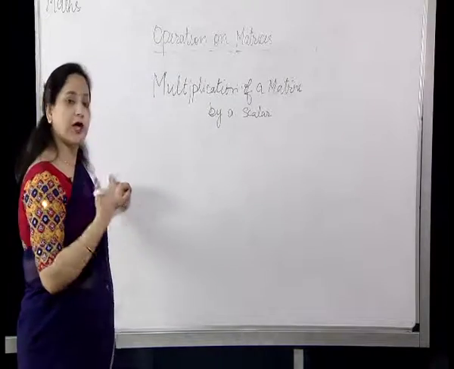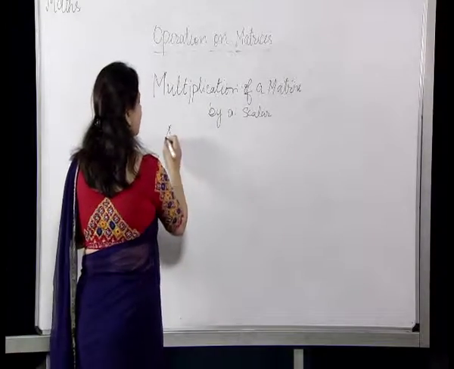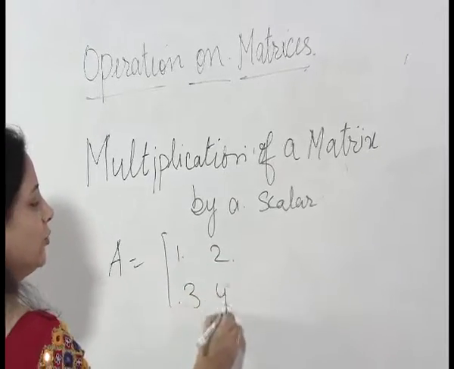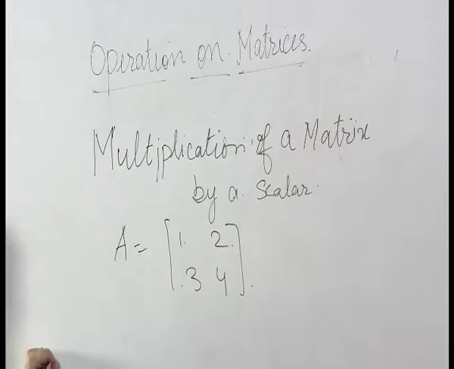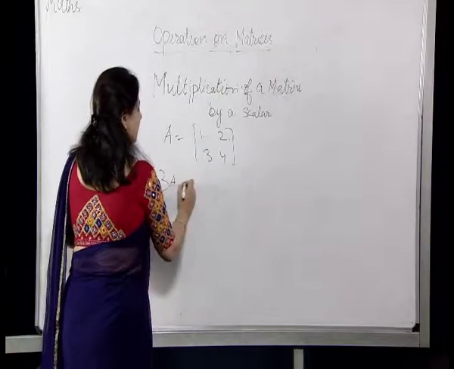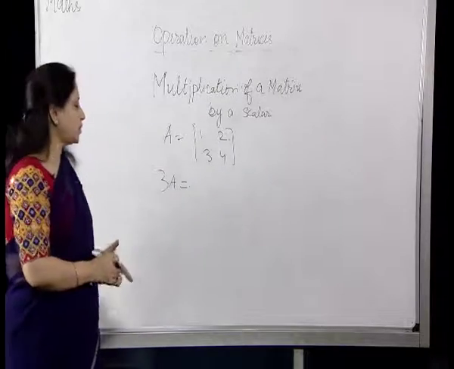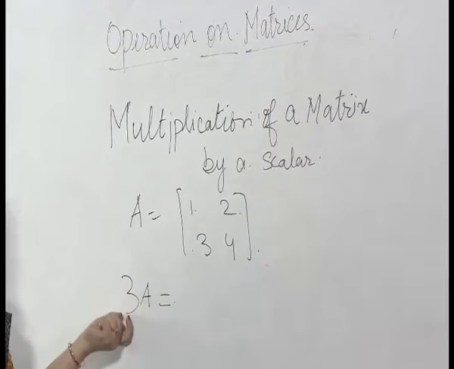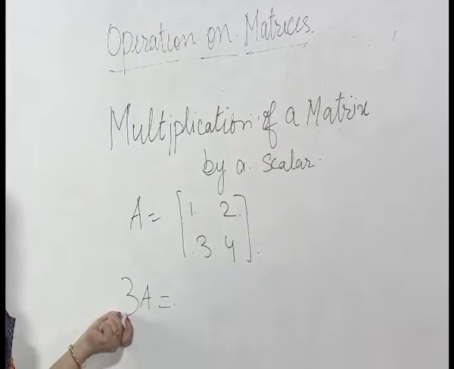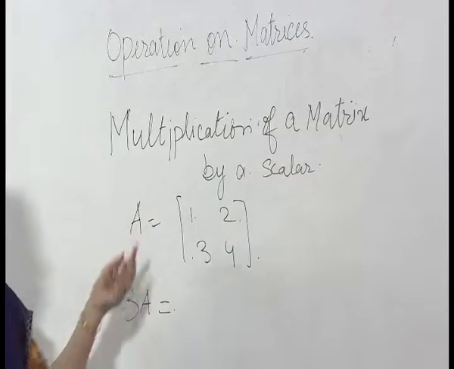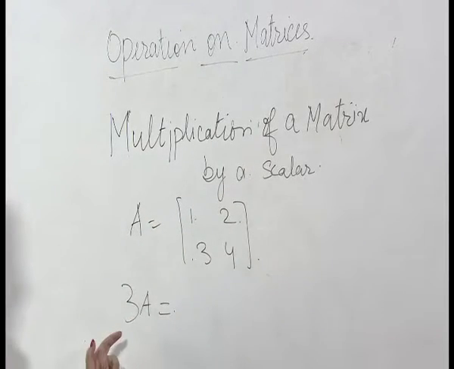That means, if you have a matrix A as 1, 2, 3, 4 and you want to have a matrix 3A, what are you doing? You are multiplying matrix A by a scalar. Scalar is a constant. This can have any value. So right now I have given the value to this scalar as 3.